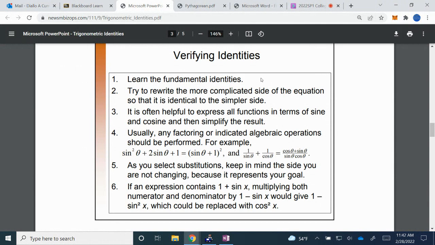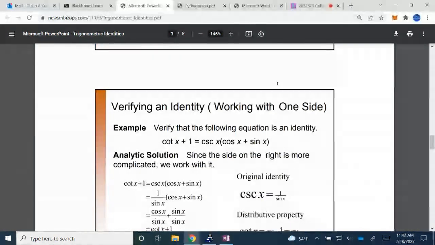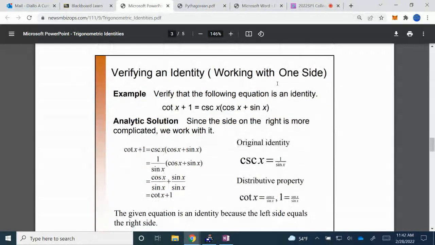What verifying an identity means is, just to show you an example, we have this trig equation: cotangent x plus 1 is equal to cosecant x times cosine x plus sine x. The goal for this type of problem is that you have to take the more complicated side and write it as the less complicated side, just to show that these things are equal.